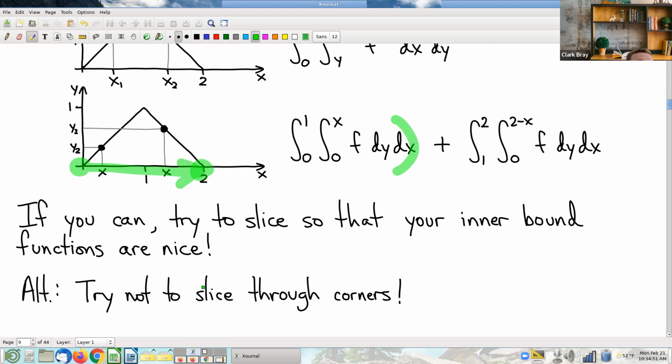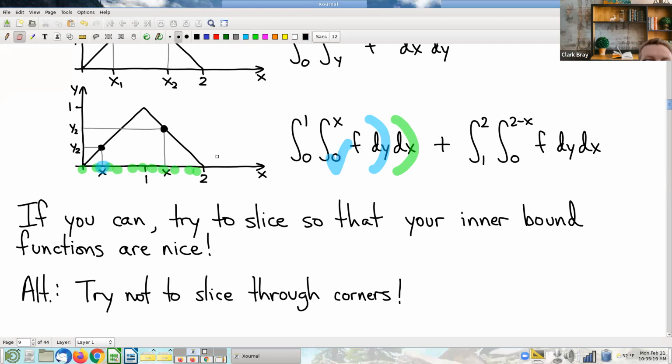Let me show you what goes wrong if we try to proceed with x going from 0 to 2. If we simultaneously try to consider all of these values of x between 0 and 2, let's think about our y bounds. And the good news for our y bounds is all of the lower bounds are on that curve, which has that equation, and that's fine.